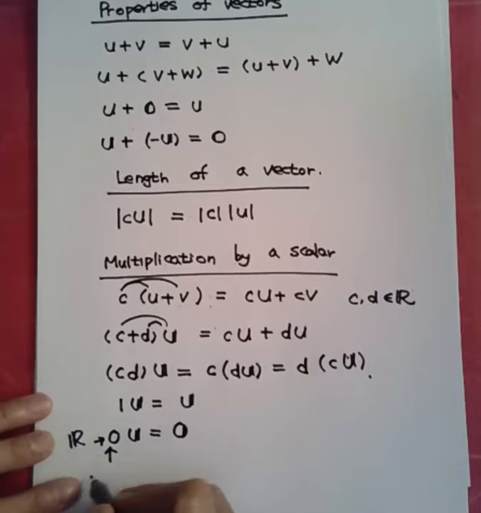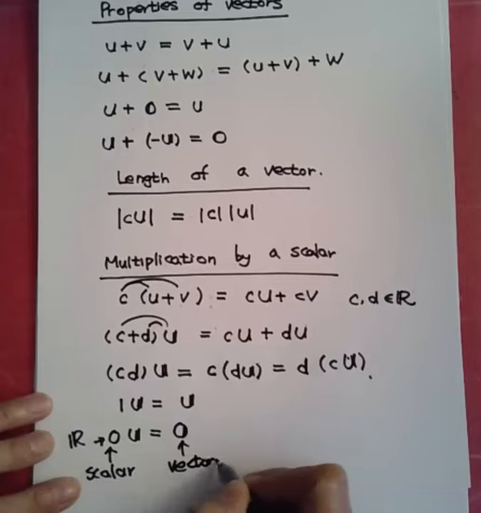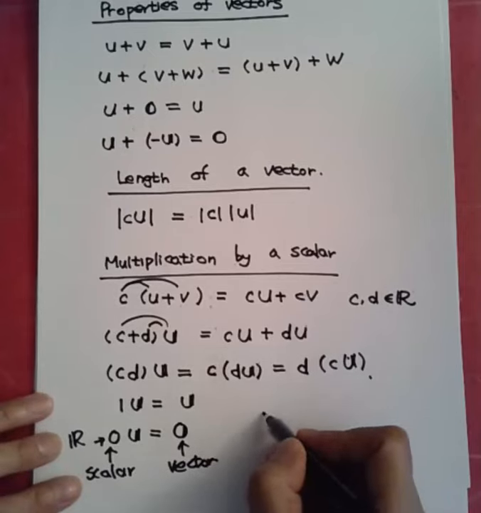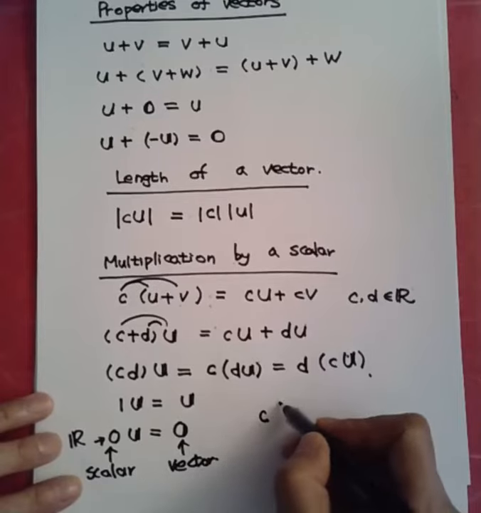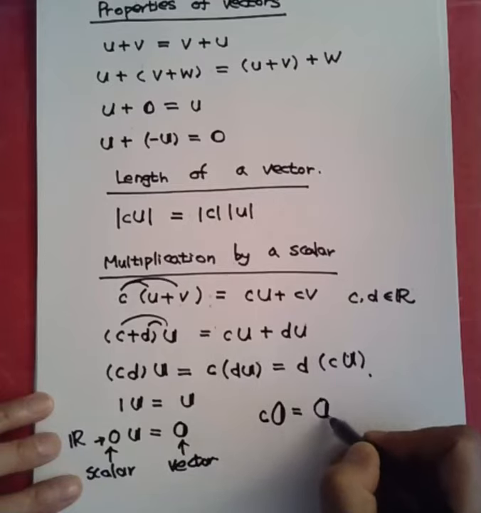This is a scalar. This is a vector. And if we have any real number and we multiply that by the 0 vector, then that will be the 0 vector.